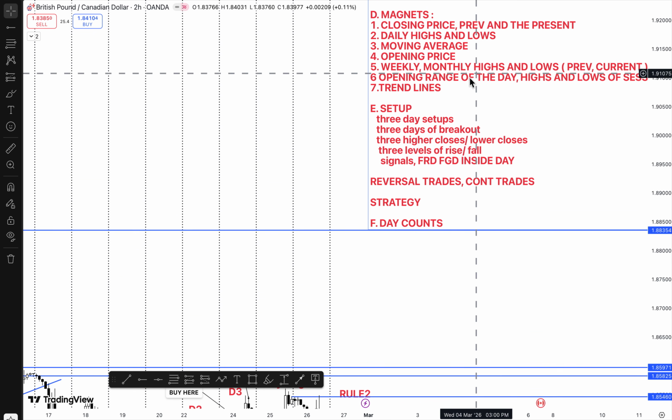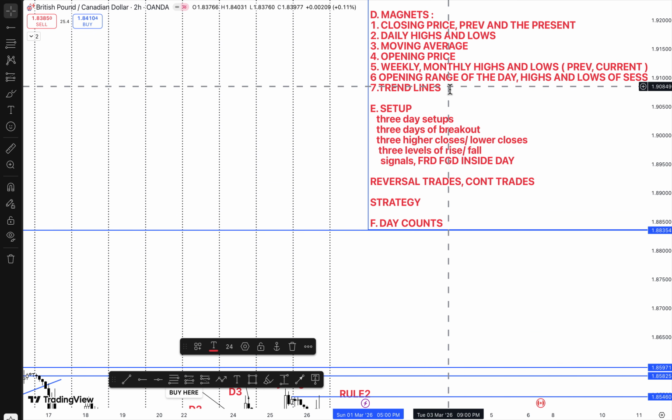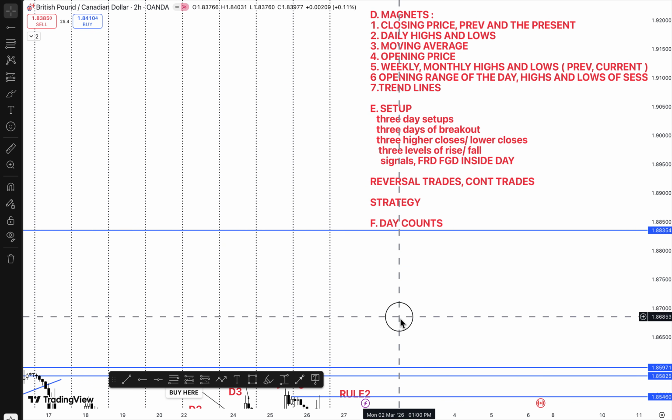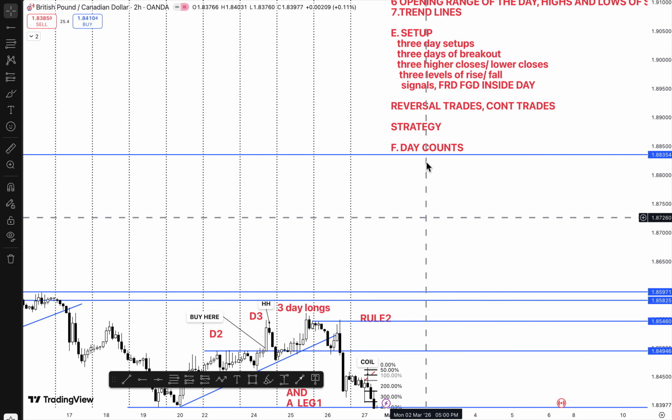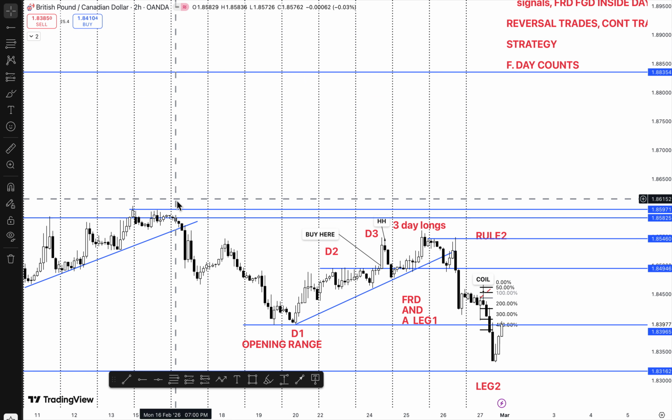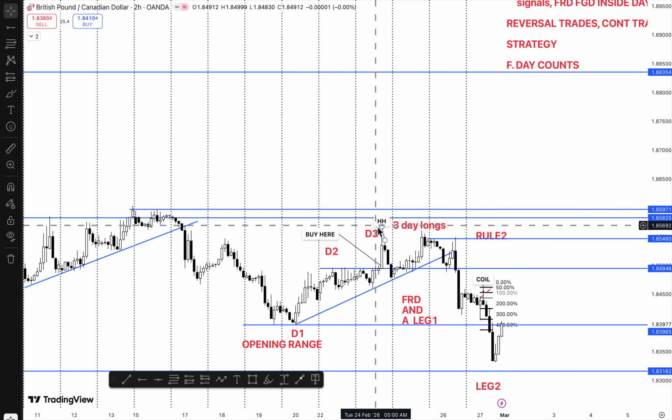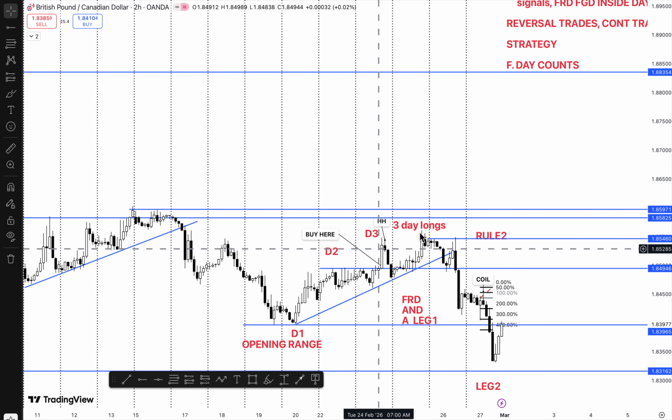So we want to also pay attention to markets that have closed in breakout, because we always want to look for markets that are breaking out: 3-day setups, markets that are breaking lower for a reversal up, markets that are breaking higher for a reversal down.